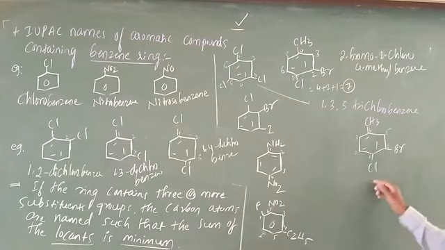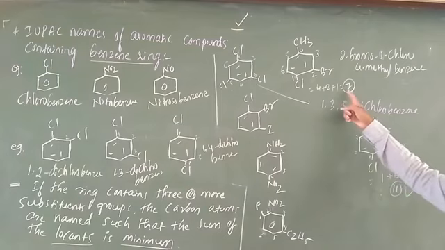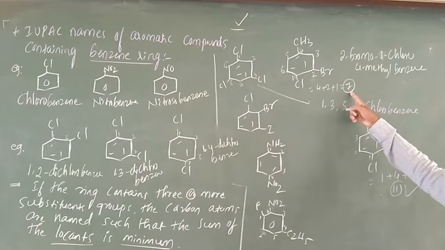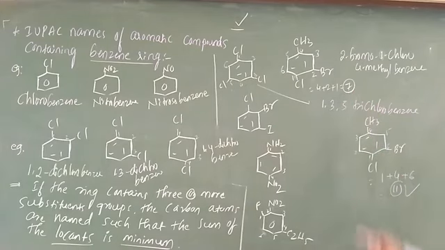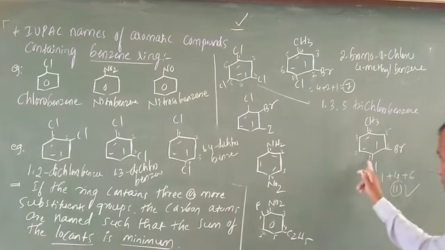Now you have to add the locants: here 1, here 4, next here 6. 6 plus 4 is 10, 10 plus 1 is 11. 11 is the highest number, but in this case 7 is the lowest sum, so by the lowest sum rule, this numbering is wrong.